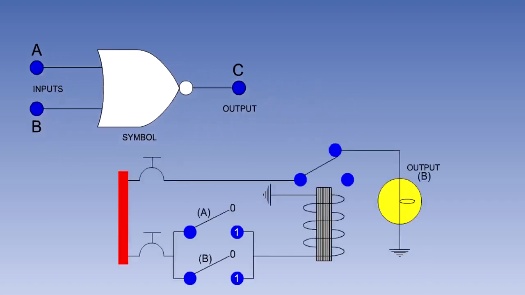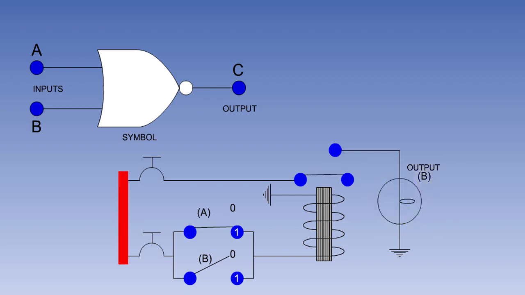As with the NAND gate, the NOR gate can be represented by an electrical circuit containing a relay which is controlled by a number of switches. Only this time, the switches controlling the electrical supply to the coil of the relay are in parallel. With both switches open, the relay is de-energized and the light is illuminated, indicating an output of 1.